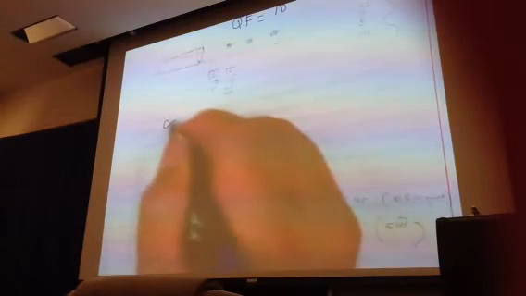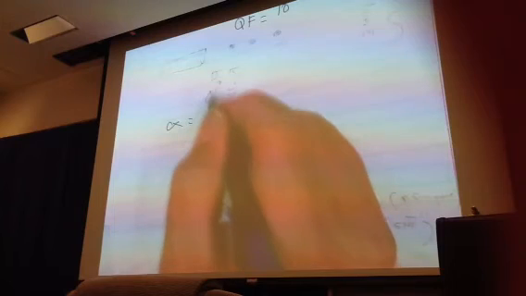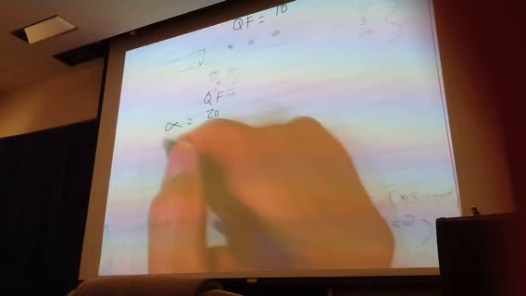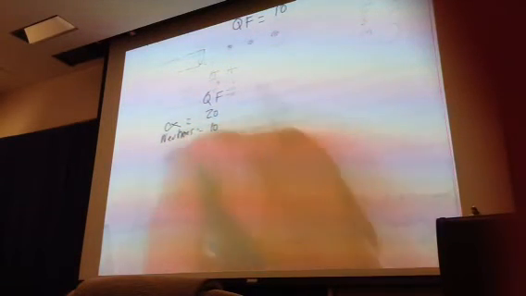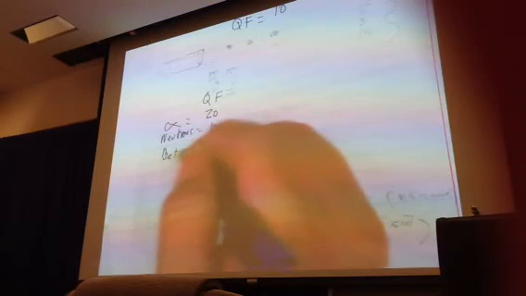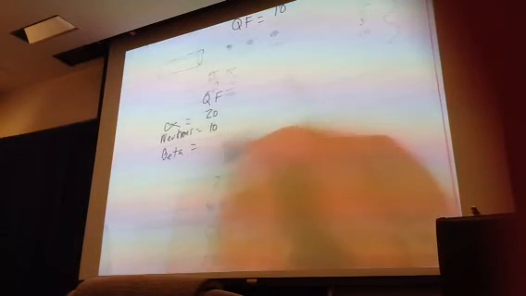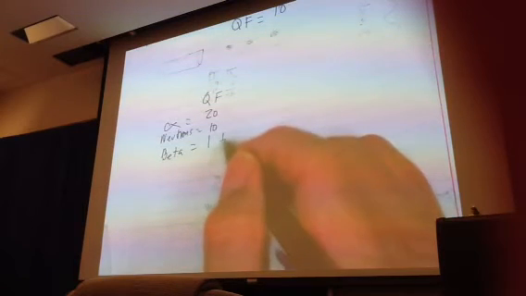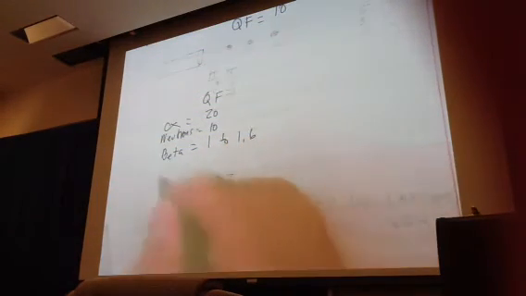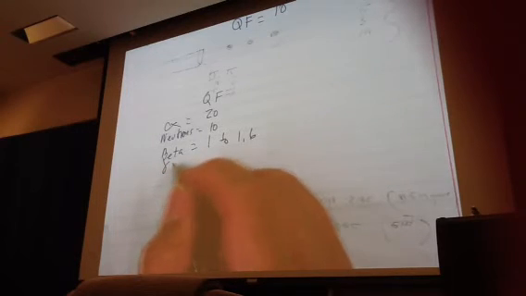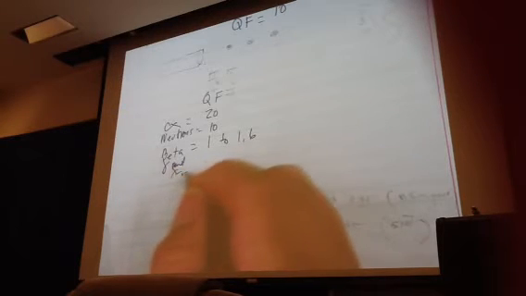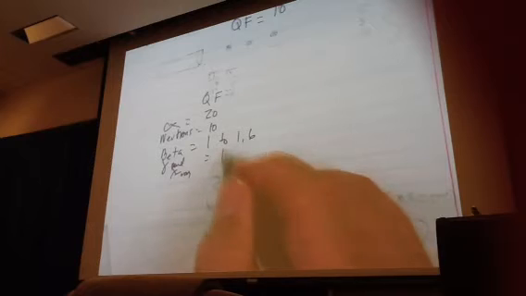But anyway, what we've come up with: the quality factor for alpha particles is 20, neutrons is 10, beta particles, because they're like an electron, have a range of between 1 and 1.6, and gamma rays and X-rays have a quality factor of 1.